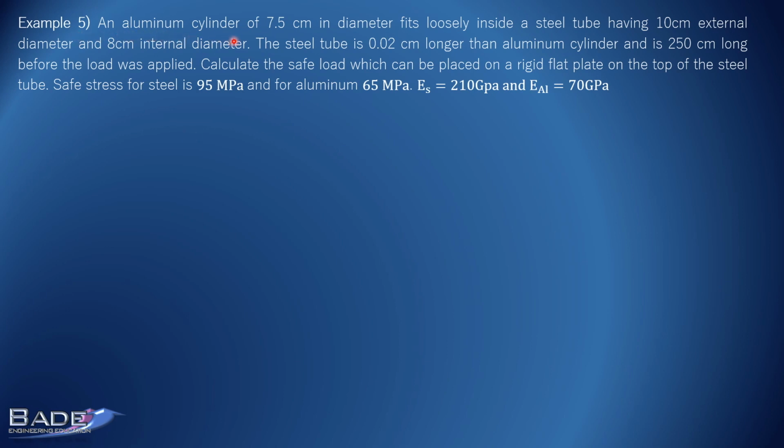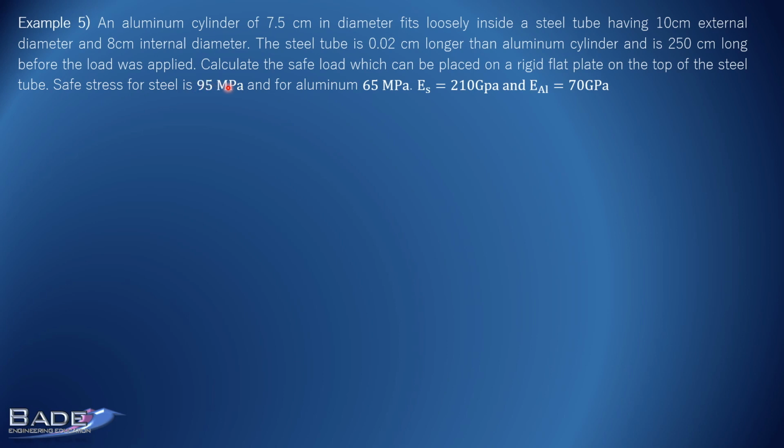An aluminium cylinder of 7.5 centimeter diameter fits loosely inside a steel tube having 10 centimeter external diameter and 8 centimeter internal diameter. The steel tube is 0.02 centimeter longer than the aluminium cylinder and is 250 centimeters long before the load was applied.